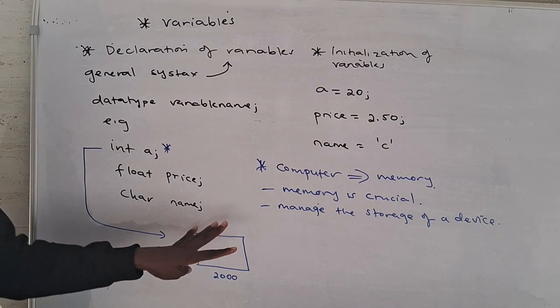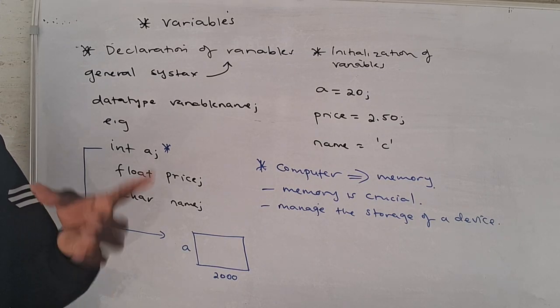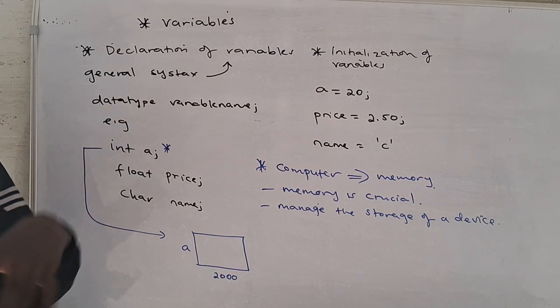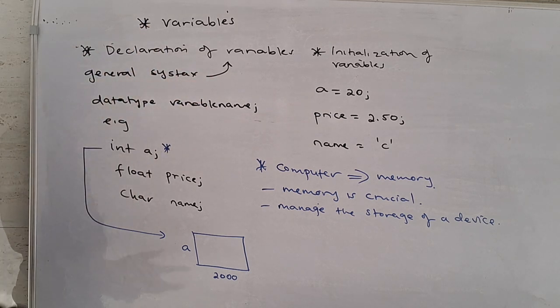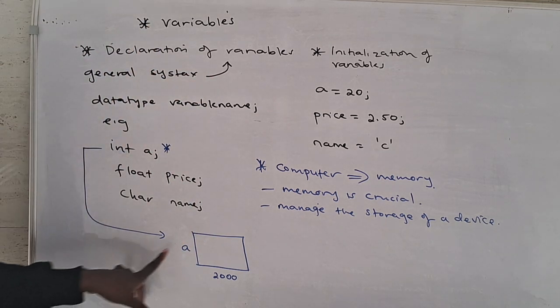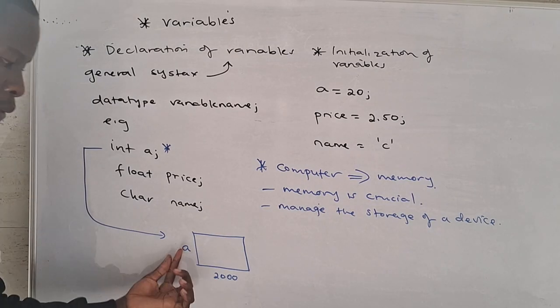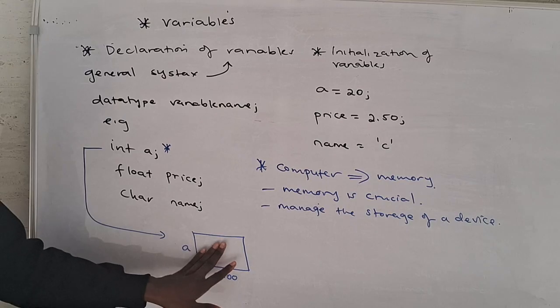Now, very, very important. Just like if I want to come to your home, you should tell me the address of your home. Then only will I be able to reach your home. This is what is happening here. If I write int A, some space will be allocated for variable A, and this is the memory address of variable A. This is still empty.